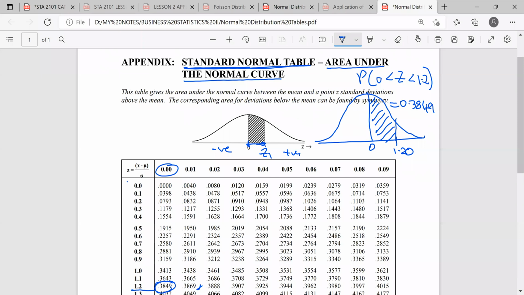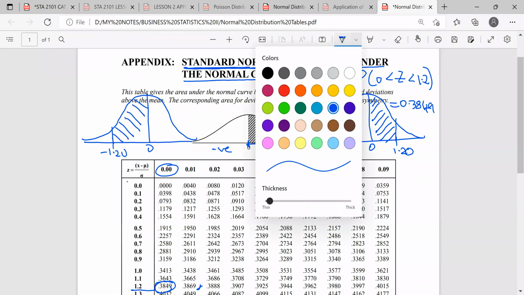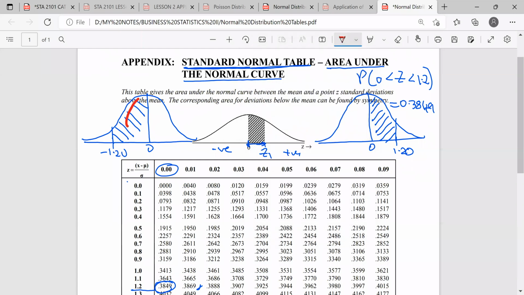Because of what we said about the properties of the normal distribution, we talked about symmetry. The normal distribution is symmetrical. That means that if you are talking about this area here, 0, but now here you have minus 1.20, this area is exactly equal to that, the same.